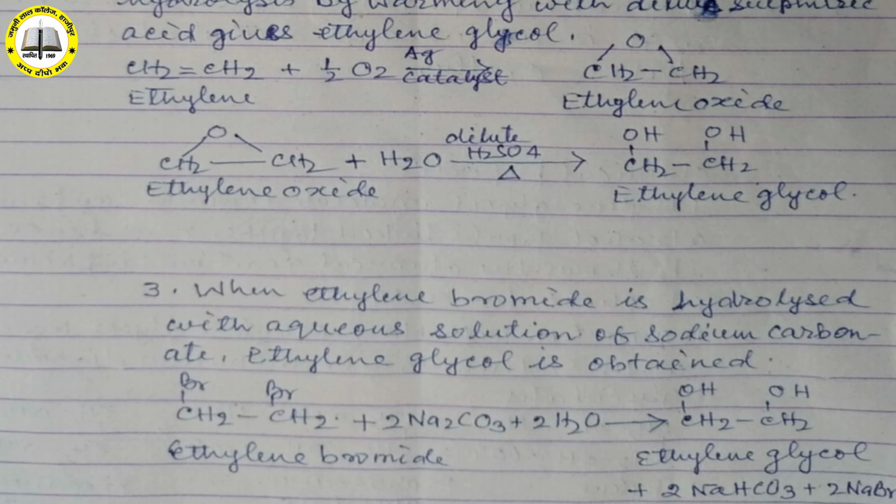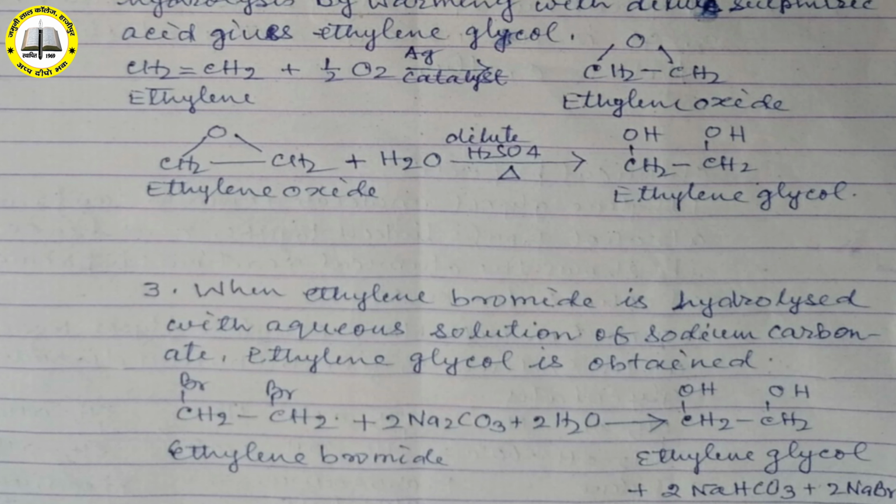Now the fourth method, that when ethylene is passed into hydrogen peroxide solution in presence of osmium tetraoxide, ethylene glycol is formed. CH2=CH2, it is ethylene, plus hydrogen peroxide, that is H2O2. This ethylene is passed into hydrogen peroxide solution in presence of osmium tetraoxide, that is OsO4.